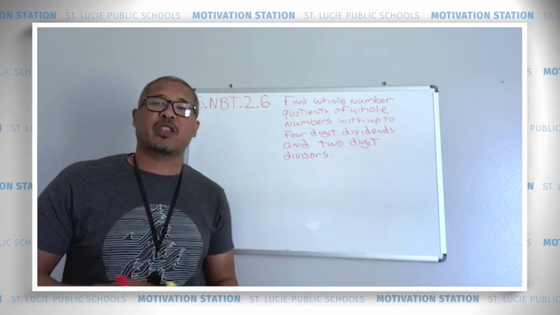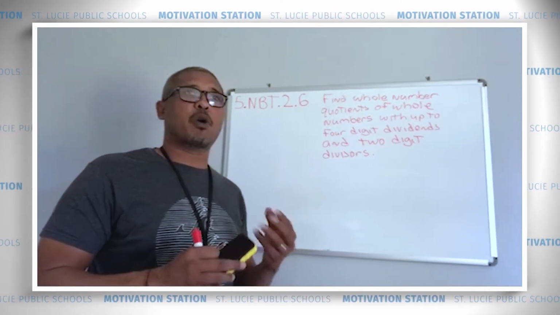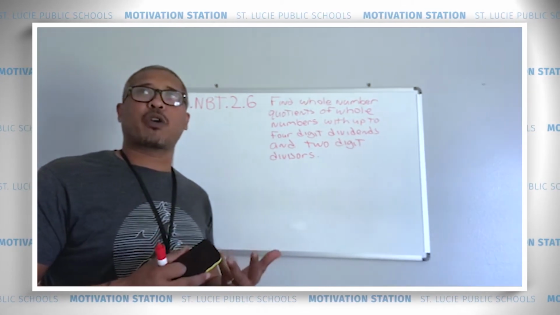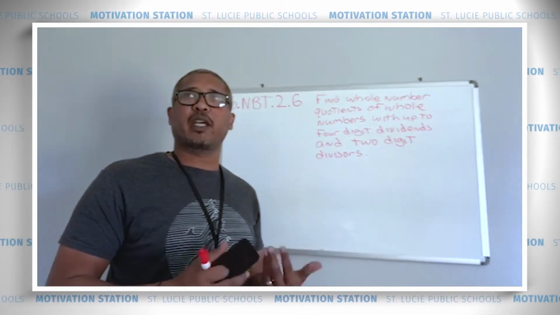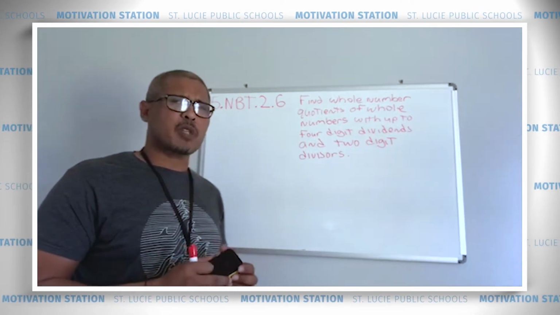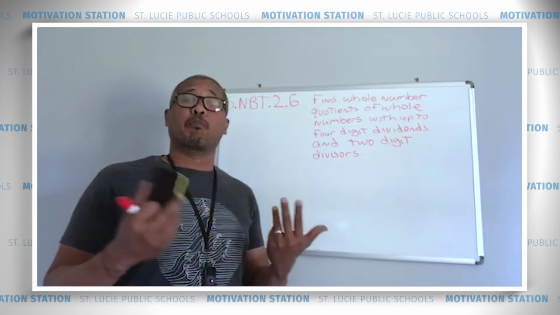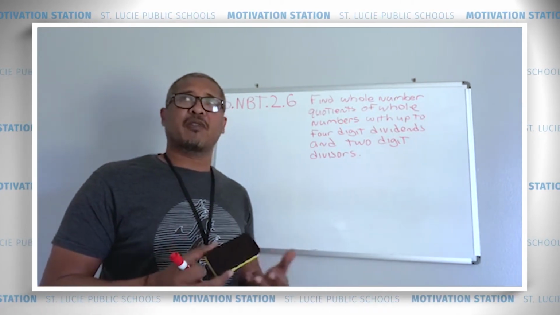So today's strategy that we're going to use is called partial quotient. The strategy partial quotient is just one of several ways we can solve large division problems. With partial quotients, we begin by subtracting multiples of the divisor from the dividend.